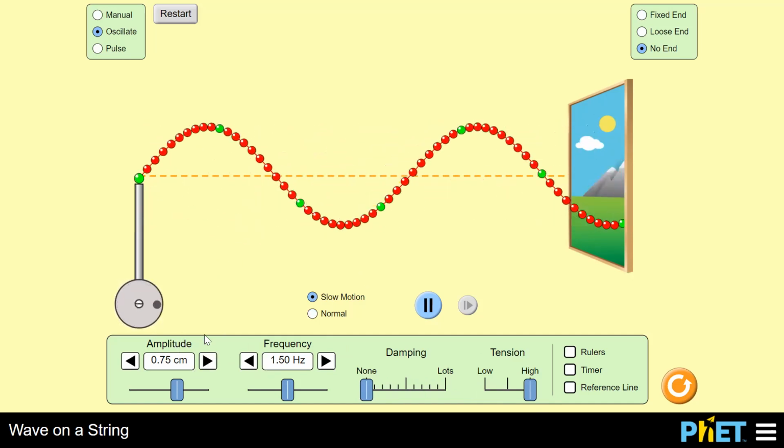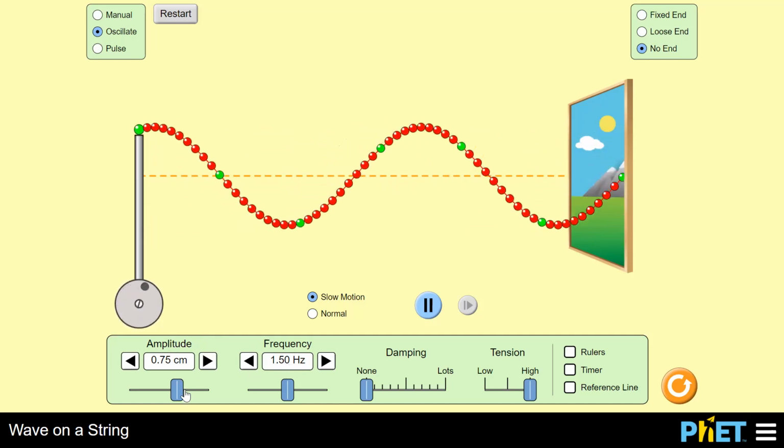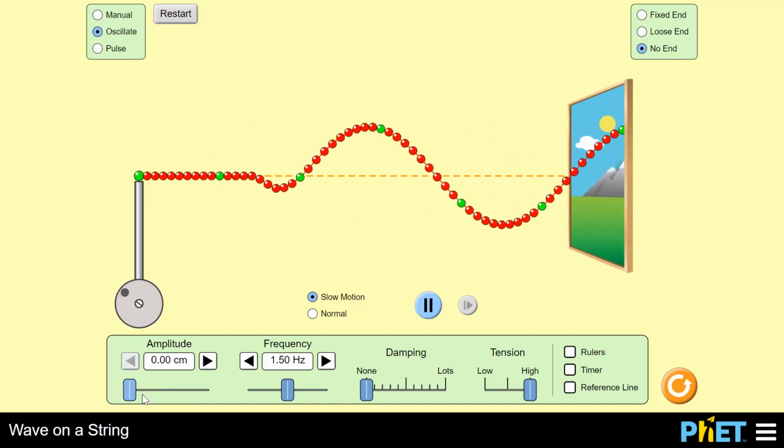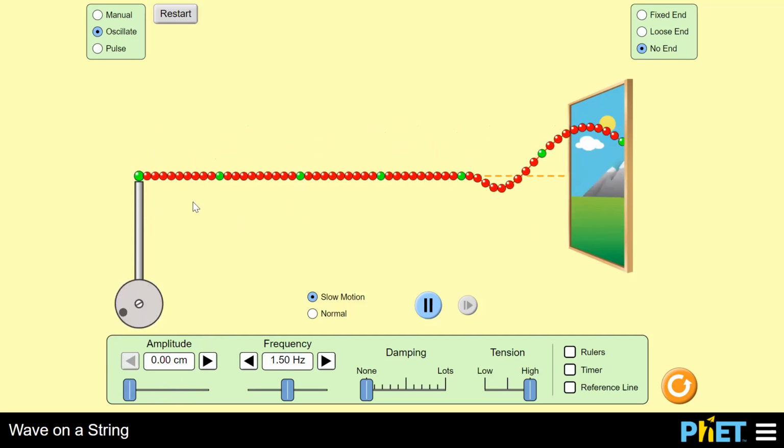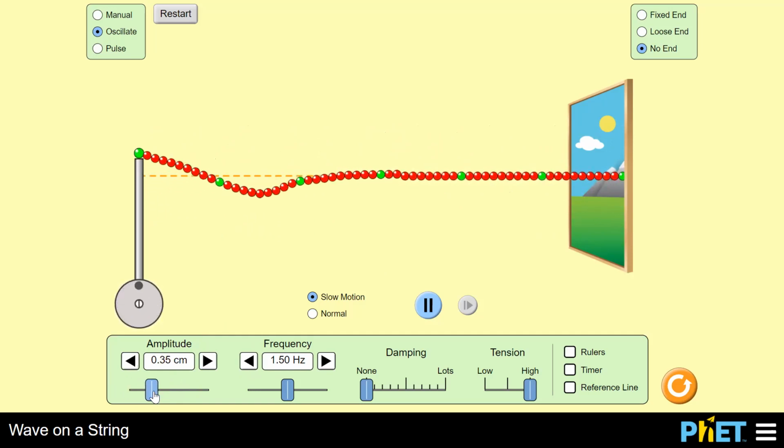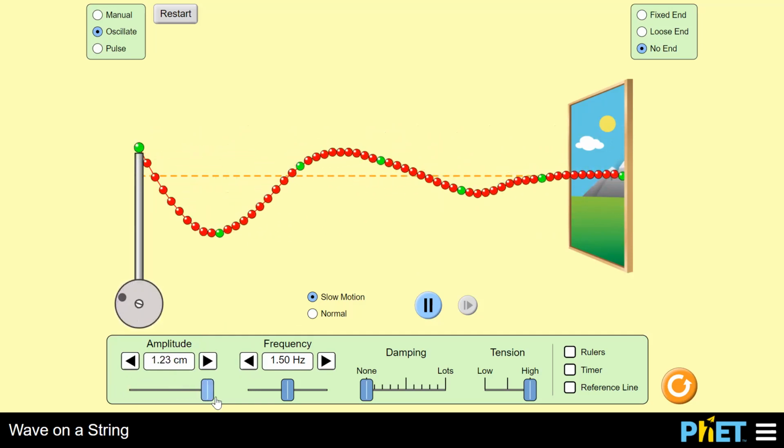Now, if you adjust the amplitude to zero, it simply does not oscillate or create a wave. But if we increase it, that's how it goes.